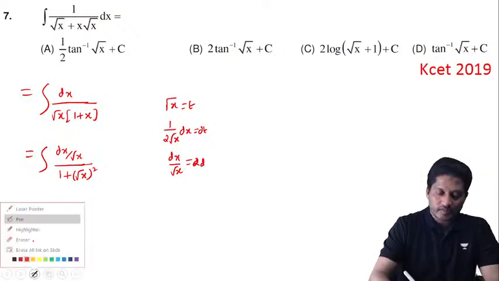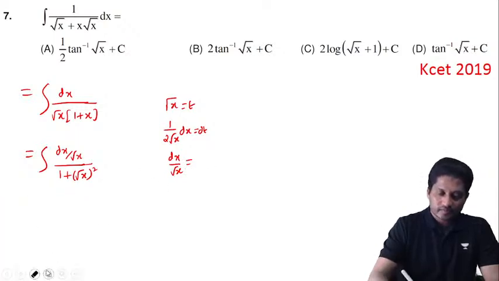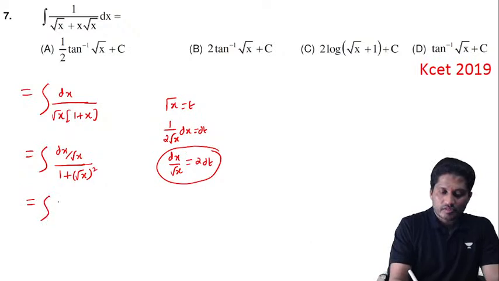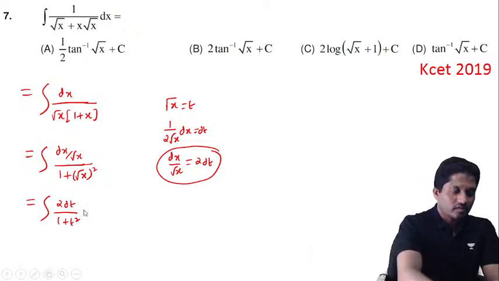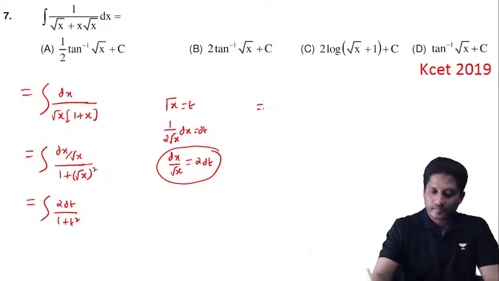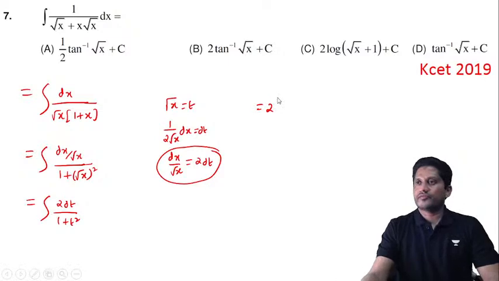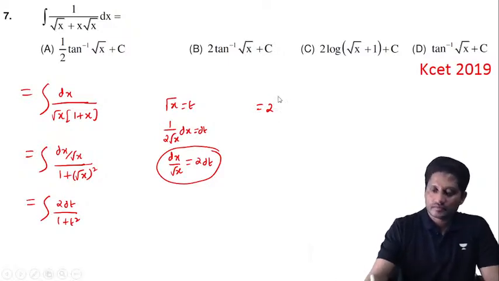If I cross multiply, this is 2 into dt. So this is 2 into dt divided by 1 plus t square. Now this is 2 times integration of dt divided by 1 plus t square.